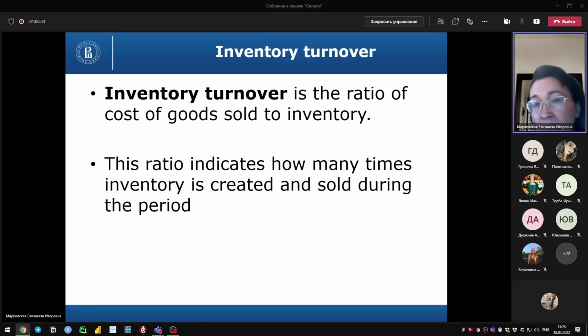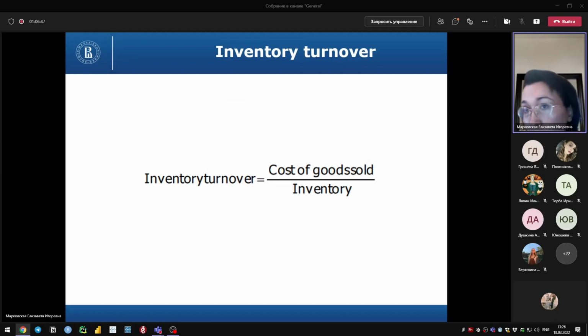And the main logic is the following. For example, inventory turnover is the ratio of cost of goods sold to inventory. And the logic is to indicate how many times inventory is created and sold during the period or operating cycle. And we will use the following formula: cost of goods sold to inventory.